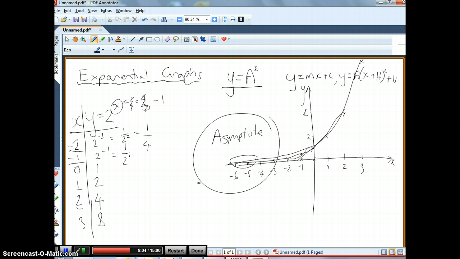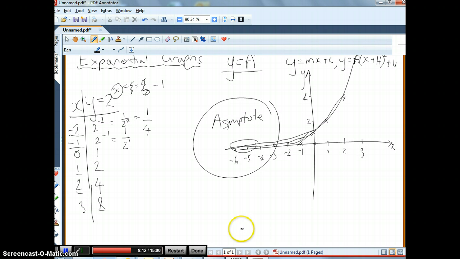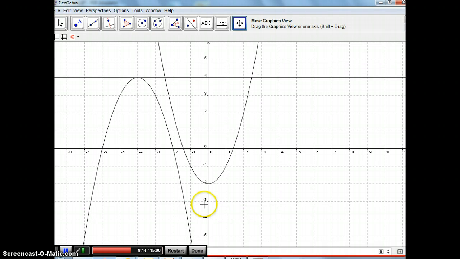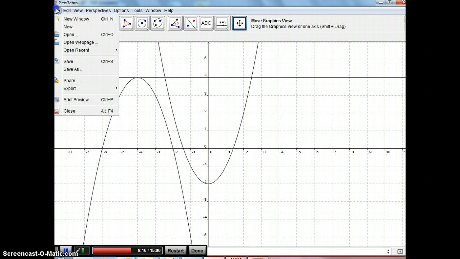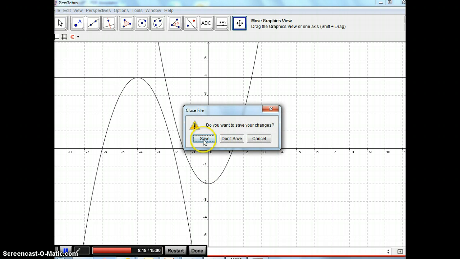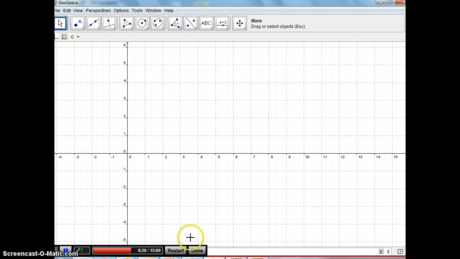Okay, so that was the most basic exponential. Now, let's just check it on a graphing software. I'll just start a new one. Don't save that.